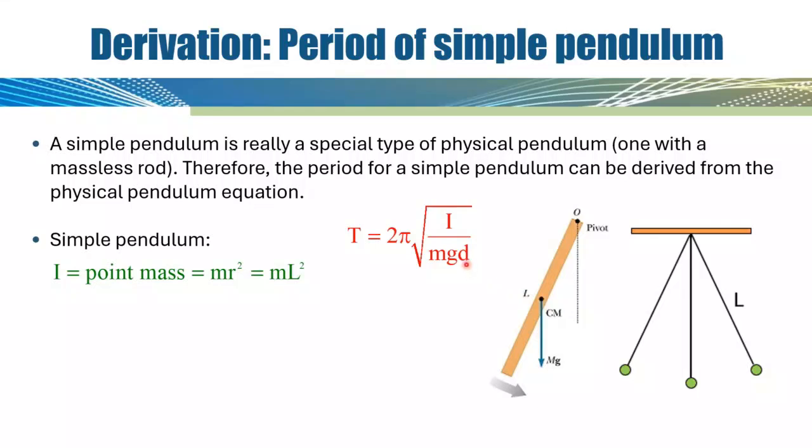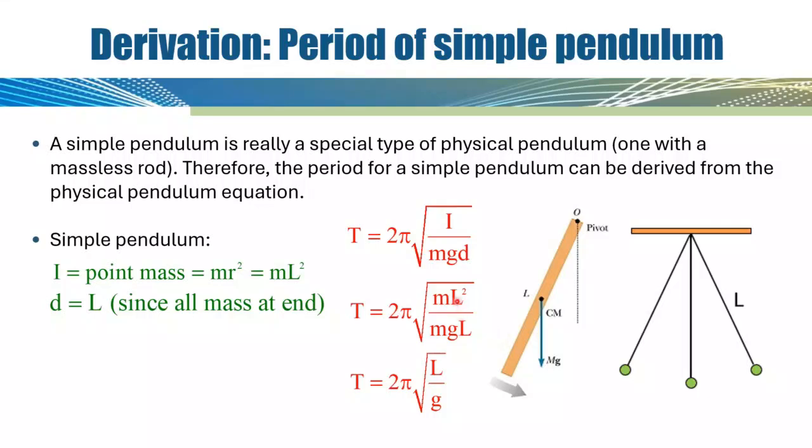And then the value of d is the distance from the pivot point to the center of mass. And all of the mass of a simple pendulum is concentrated at that point mass. So the d value could be written as L. So let's now plug these values into this equation.